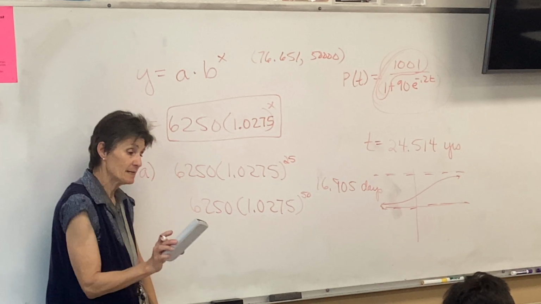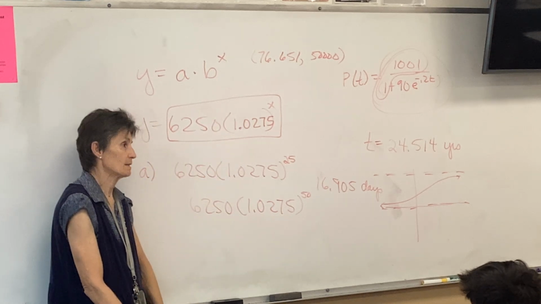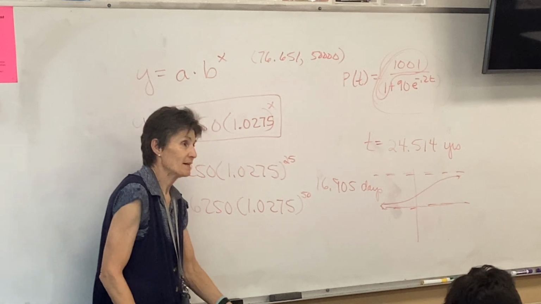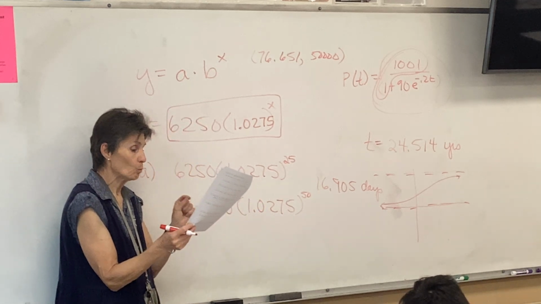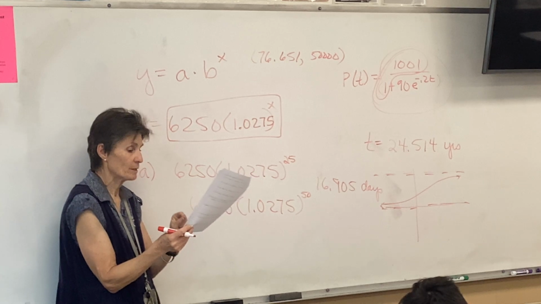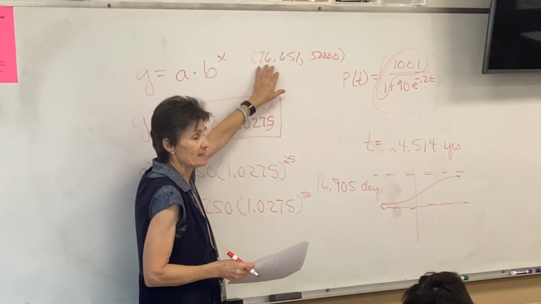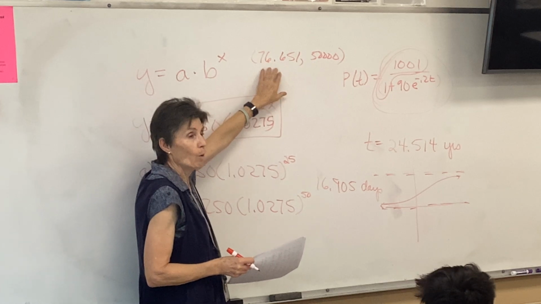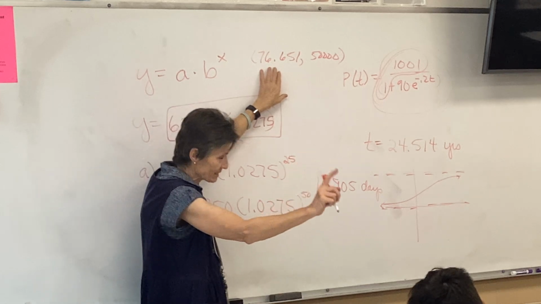Did anybody get 76.651? Yes. Perfect. Now, we have to answer the question. Predict when the population reached 50,000. Don't say 76, that is not the answer. What does that represent? 76 years from 1890. Exactly.